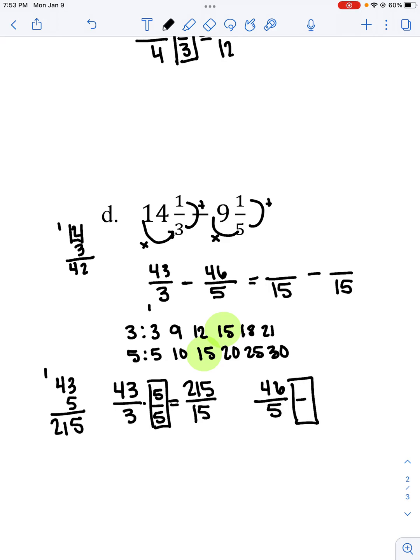The other number is 46/5. I use a giant 1. Remember, my common denominator is 15. 5 times 3 is 15. 46 times 3. 3 times 6 is 18. 3 times 4 is 12, plus 1 is 13.